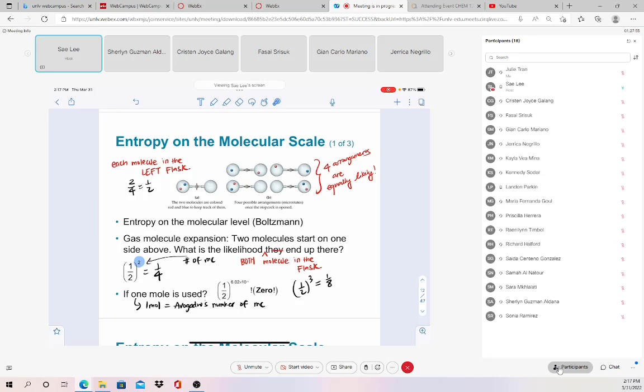That tells us that the probability that this large amount of molecules will be on one side is basically 0. So when you open the stopcock, this large amount of molecules will most likely flow out. There is very low chance that all of these molecules will stay here when the stopcock is left open. Does that make sense?